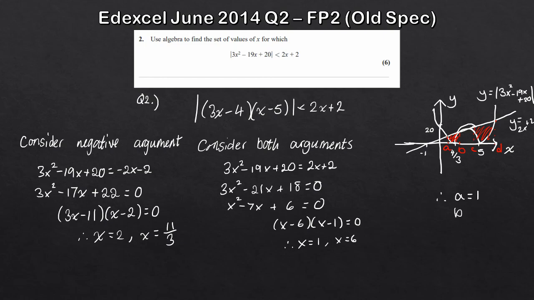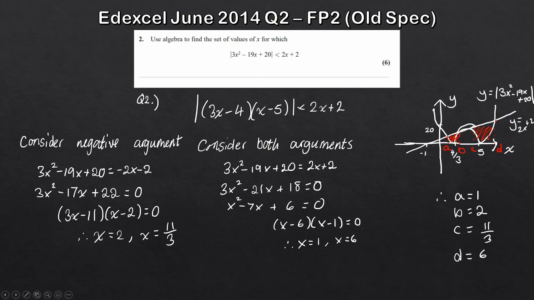The B must be the second smallest out of all of these, which, if you look at your 4 points, is x equals 2. C now, basically, is either 11 over 3, because that's all we've got left, or the 6, because that's the only other point we have left. Well, 11 over 3 is smaller than 6, so C must be 11 over 3, and then finally that just leaves us with D being 6.